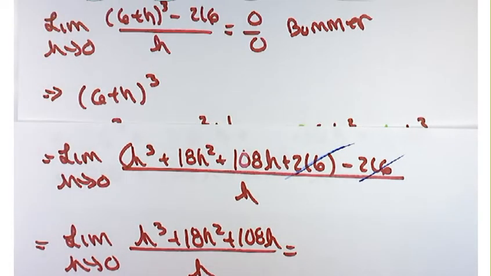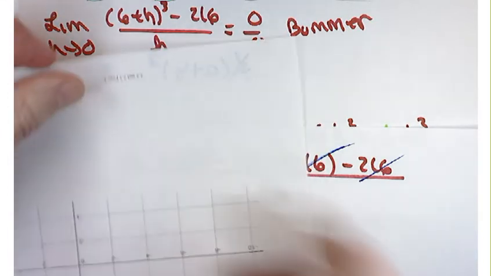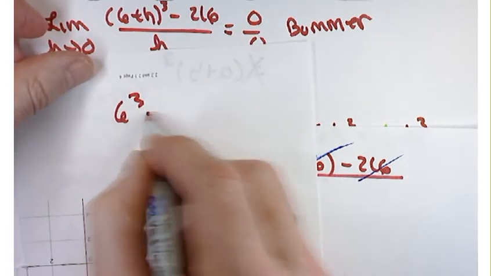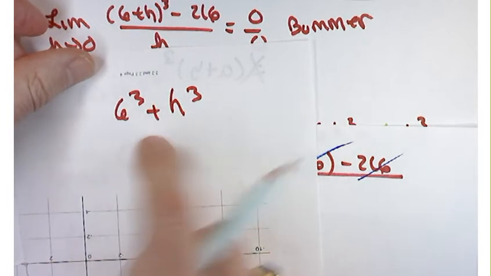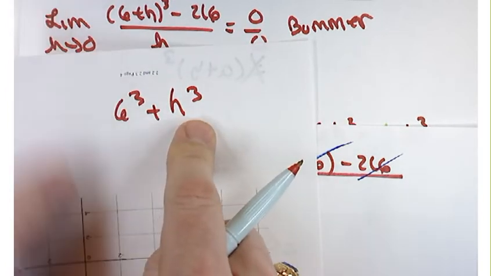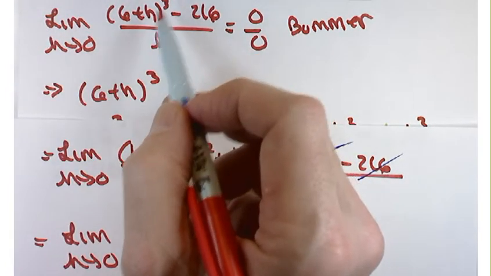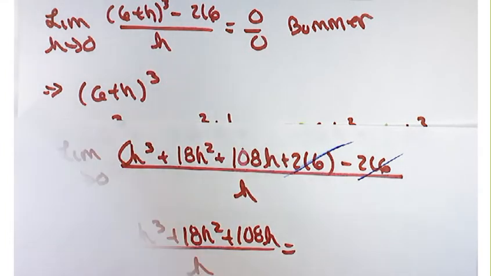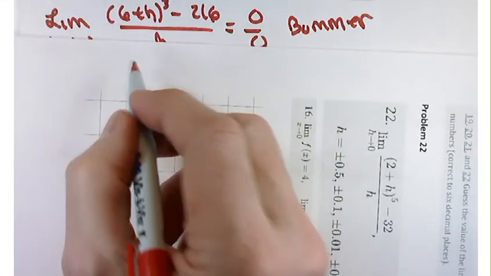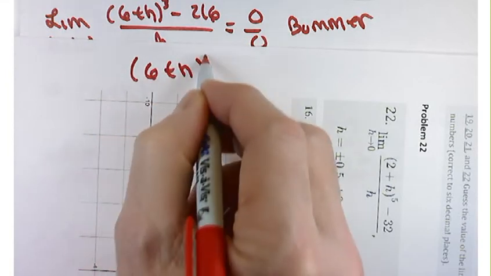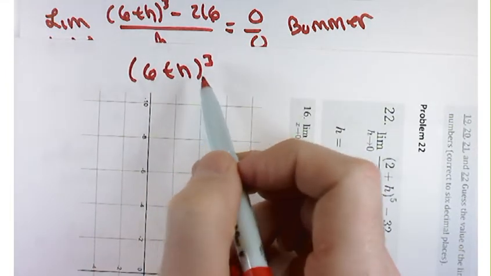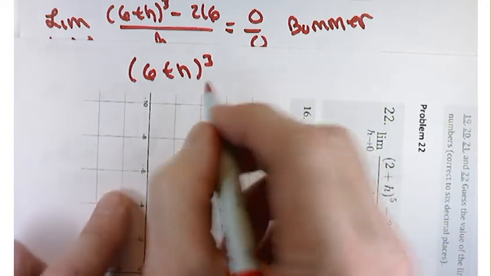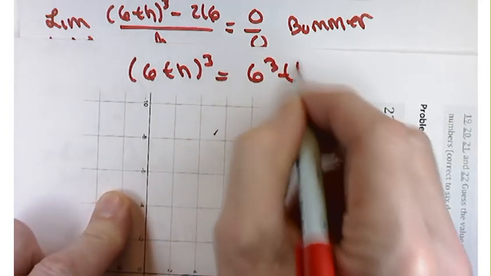What you're asking about would have been if I had 6 cubed minus h cubed or 6 cubed plus h cubed. That would be different. No, you can't distribute. It's a good question, and I'm glad you're asking it, because it's really tempting. It looks like you should be able to just say, oh, well, that's 6 cubed plus h cubed, right?